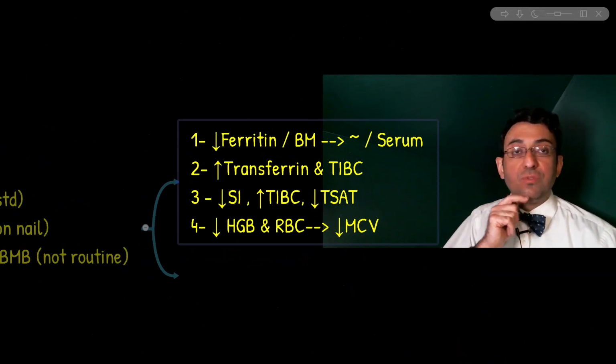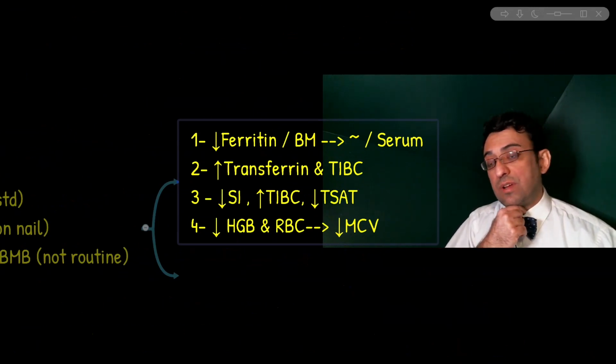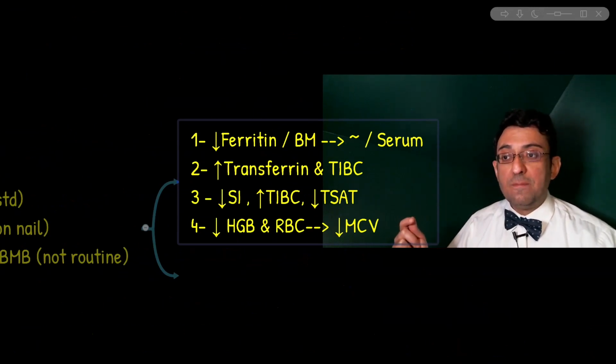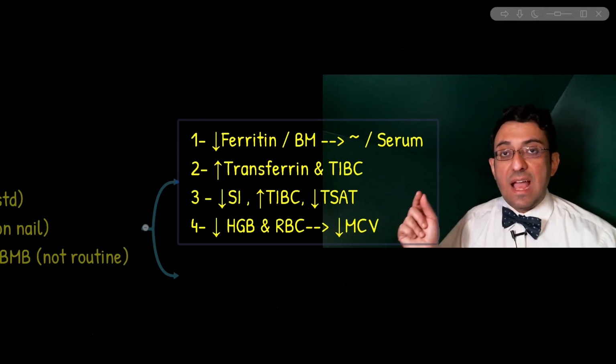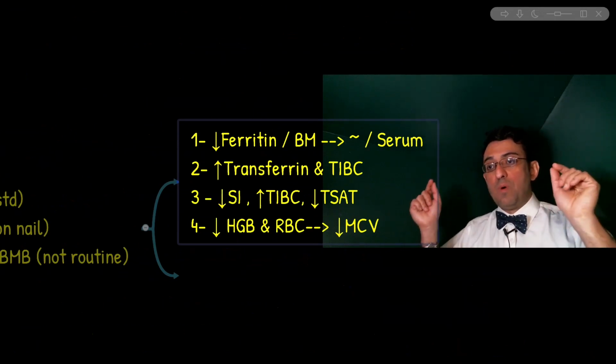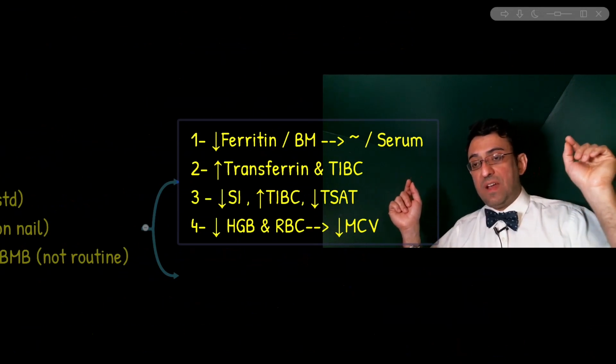The calculations thereafter show TIBC is increased and transferrin saturation is decreased. After all of these, we have reduced hemoglobin before the changes in MCV, and the very last change is reduction of MCV. Remember the top ones, transferrin after ferritin, these are the very first changes.